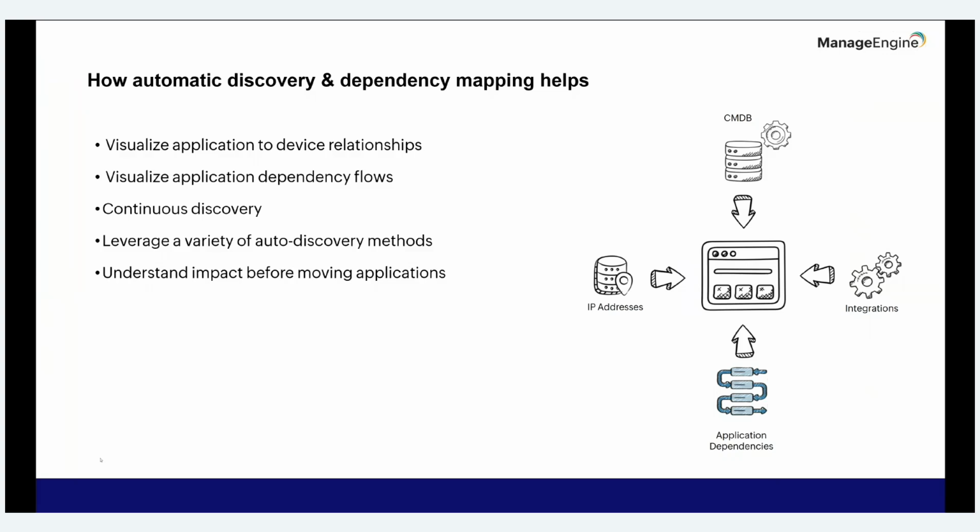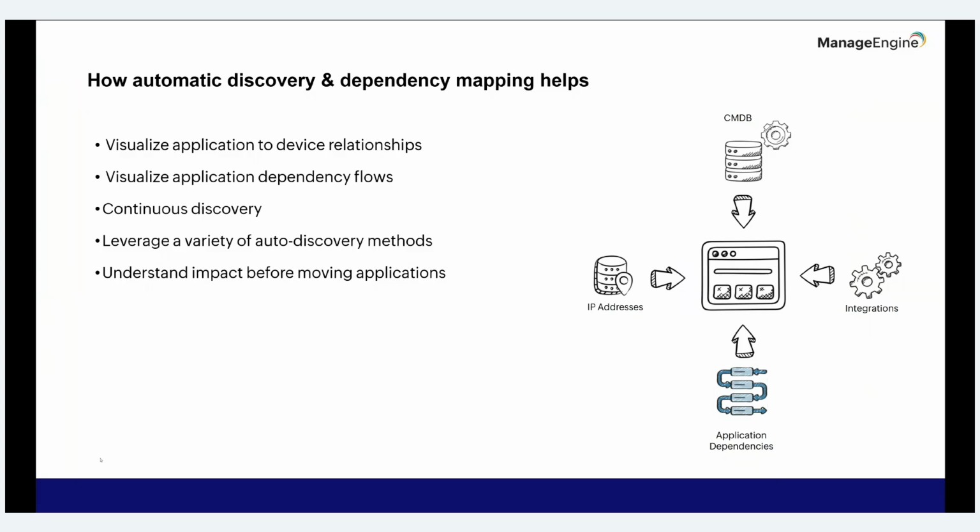How does automatic discovery and dependency mapping help an IT operations team or an application team? It helps you to visualize applications through device relationships. It helps you to visualize the application dependency flows. And we'll be able to achieve continuous discovery with the help of scheduled discoveries. We can schedule the discovery and keep your inventory updated over a period of time.